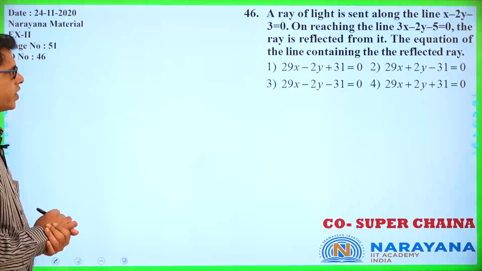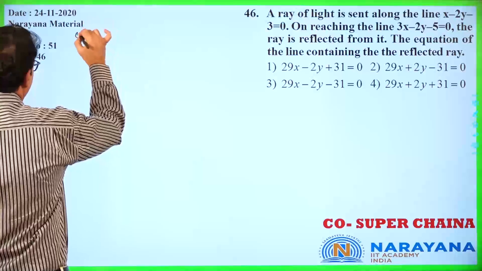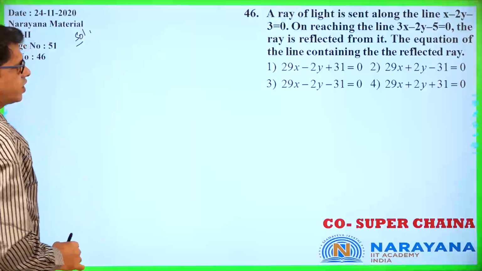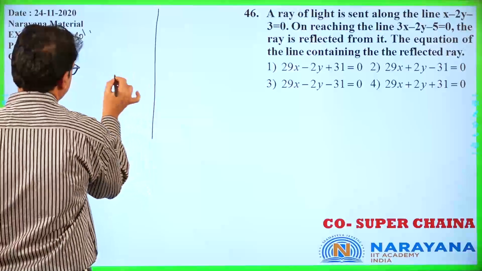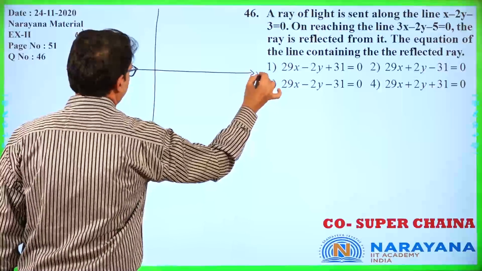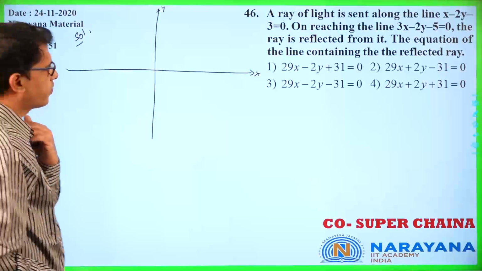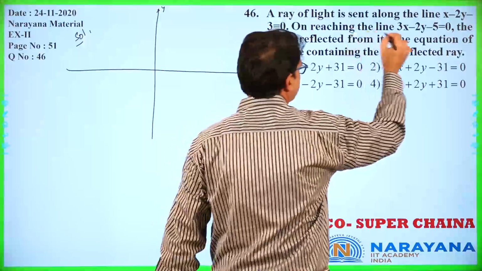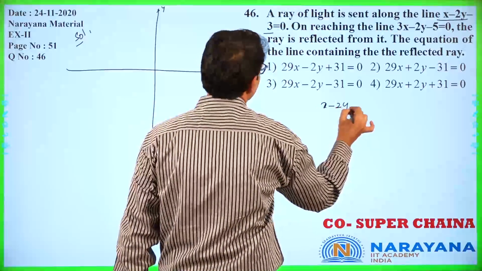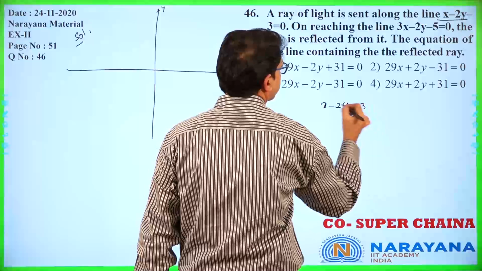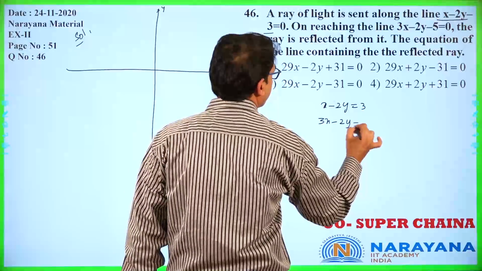See, if you go through the diagram, first consider coordinate axes x and y. Now first you look at this line. A ray of light is sent along this line. The first line is x minus 2y equals 3. The second line is 3x minus 2y equal to 5.